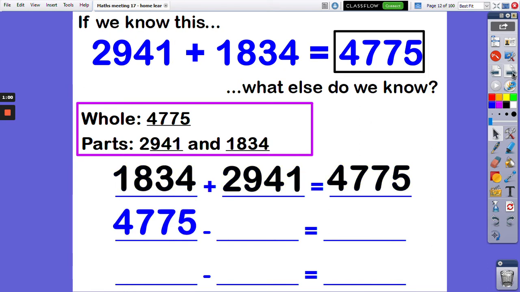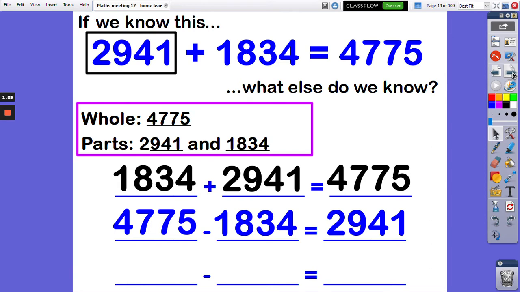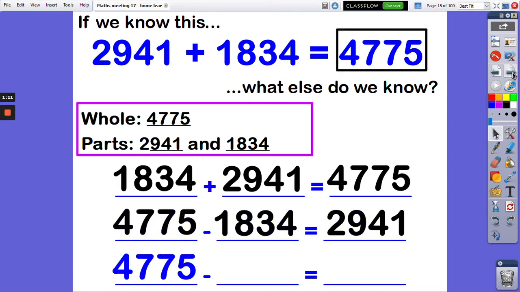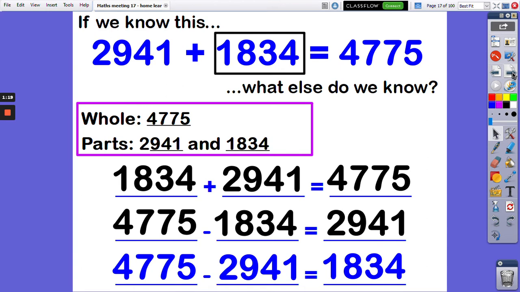If we subtract one of the parts, 1,834, from the 4,775, we're left with the other part, 2,941. If we have our whole, 4,775, and we subtract one of the parts, 2,941, we're left with the other part, 1,834. Well done if you got those ones correct.